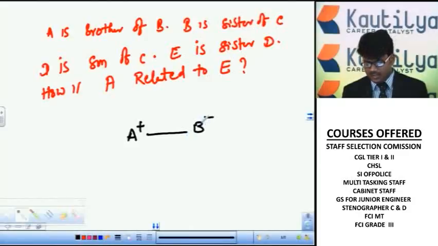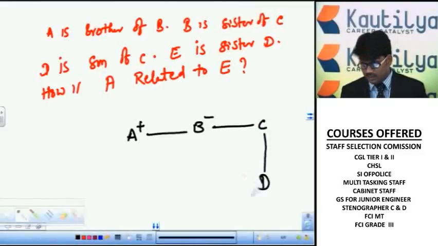Sister means a horizontal line with C. Next, D is a son of C. We don't know the gender of C here, but D is the son of C. The parent and son relation is represented by a vertical line, downwards to the son D. D is denoted as a plus symbol, and we don't know the representation of C. Finally, E is a sister of D. D has one sister, so we represent it in a horizontal line, and E is clearly a minus.